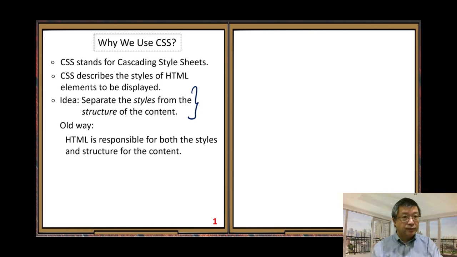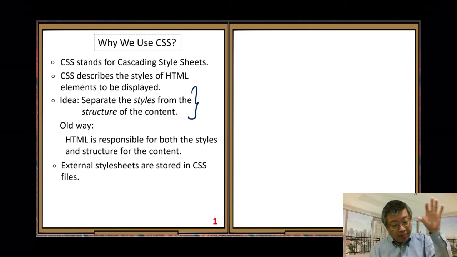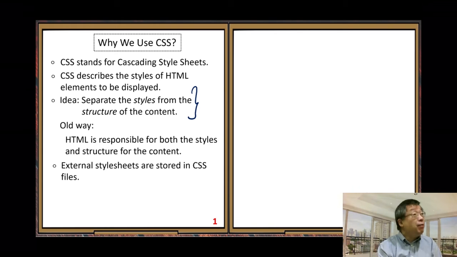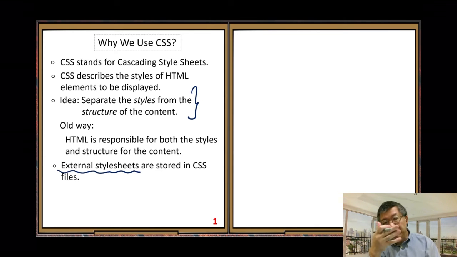All right. Here we first pick external style sheets as one example. How to separate? Here you may wonder how to separate, right? Here we use external style sheets to explain this separation idea. Okay?